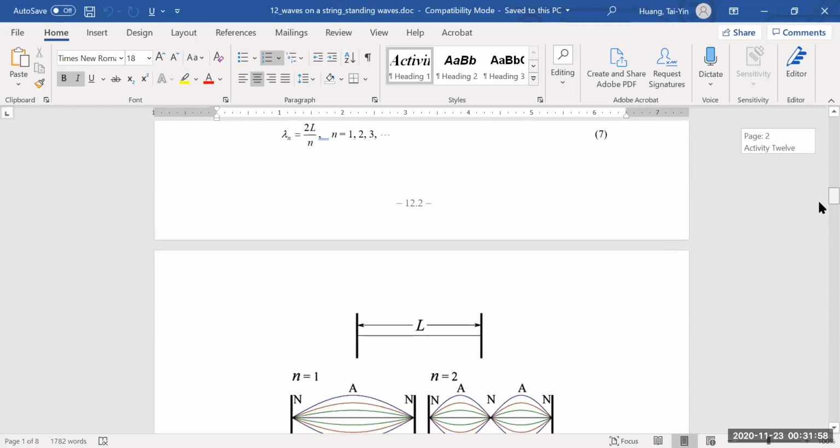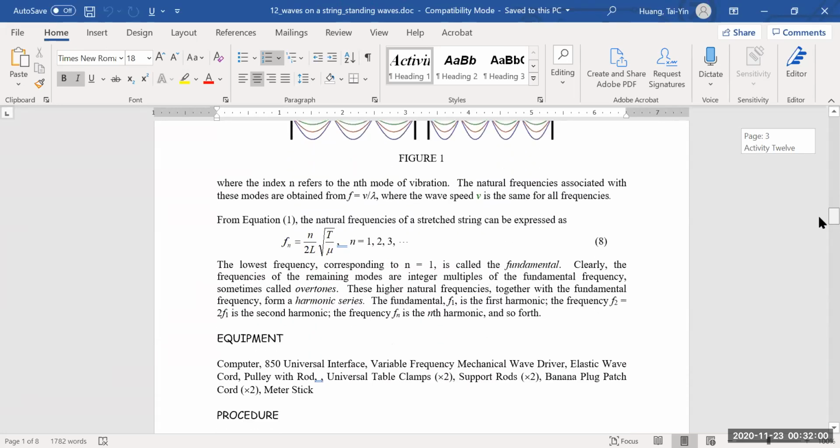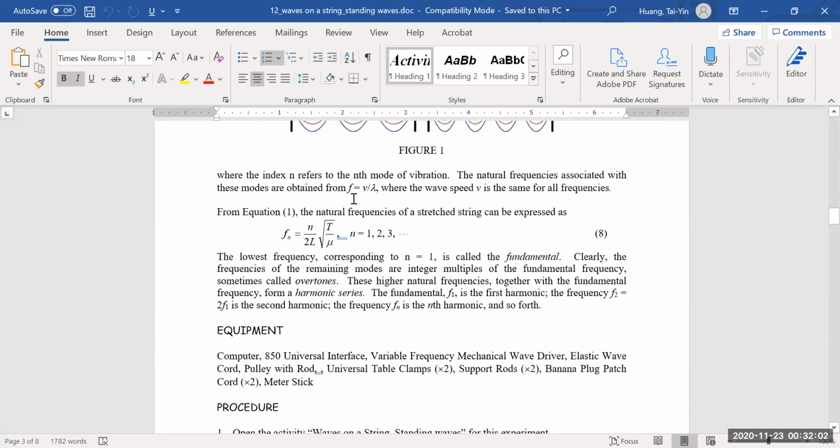Coming back down here, we know that f is equal to v over lambda. This equation is always true whenever you have a traveling wave. Applying it to standing waves, which only occur at specific frequencies, we label f with the subscript n to indicate which harmonic. So we have f sub n equals n over 2L, times the square root of T over mu.